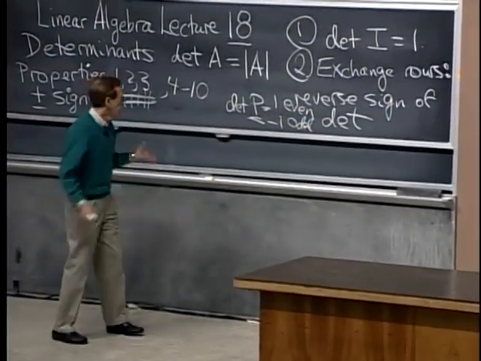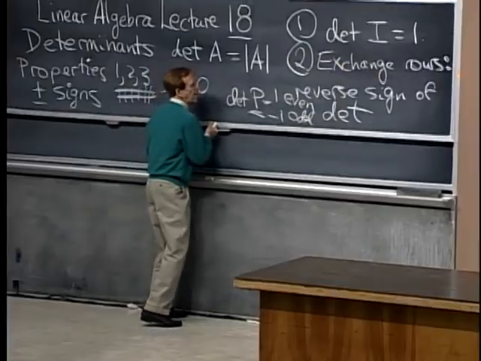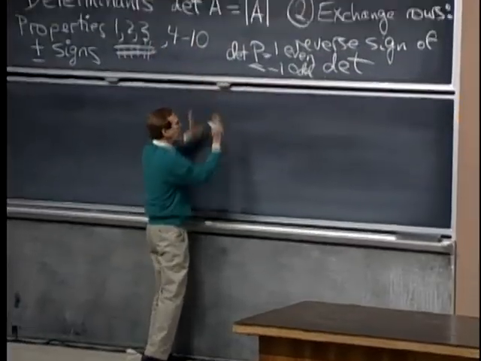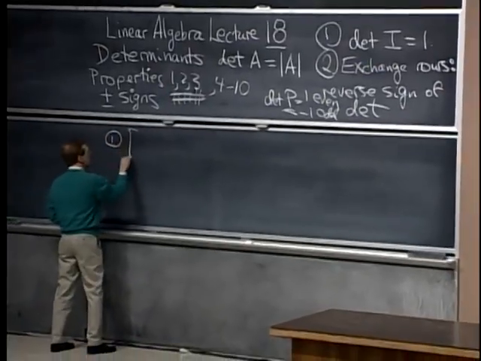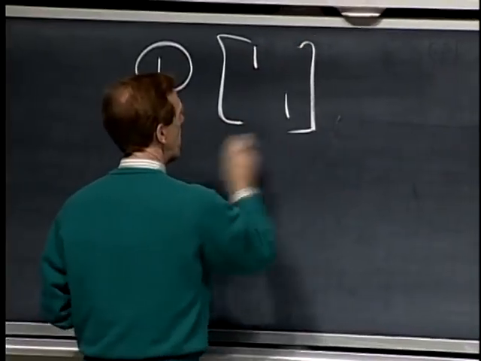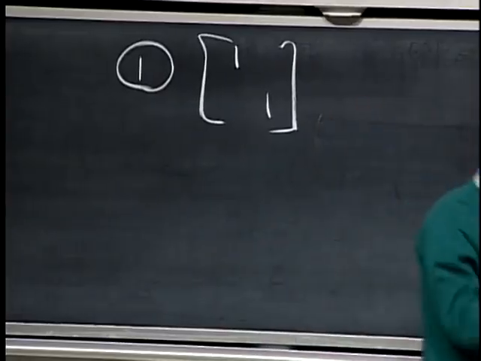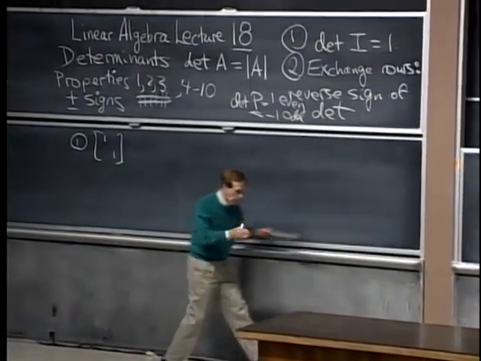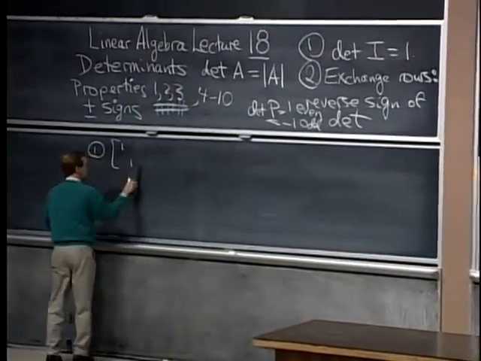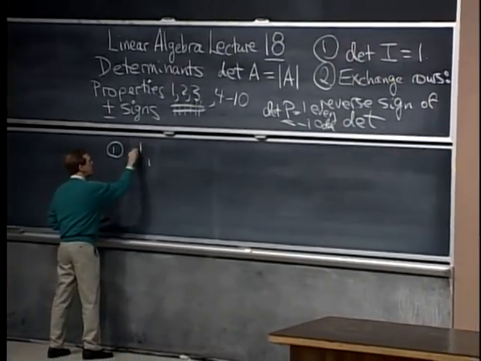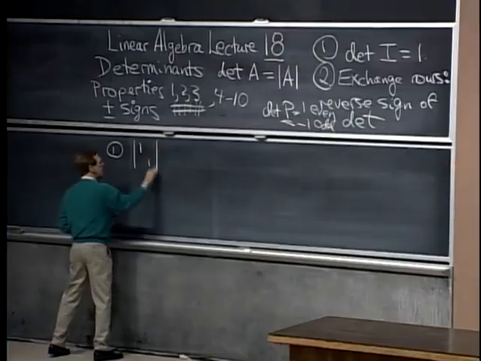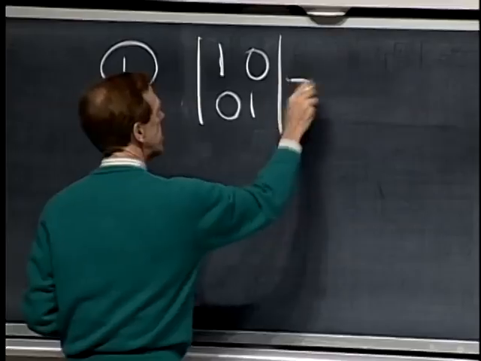Okay. So if I could carry on this board, I could do the 2 by 2s. Property 1 tells me that this 2 by 2 matrix, I better write vertical bars, not brackets, for that determinant, has determinant 1.